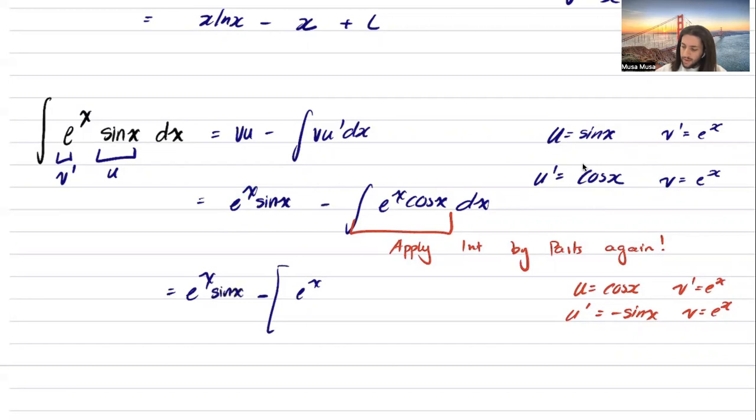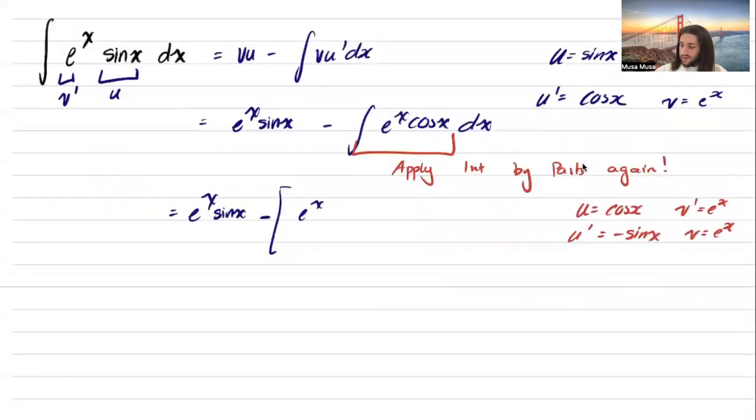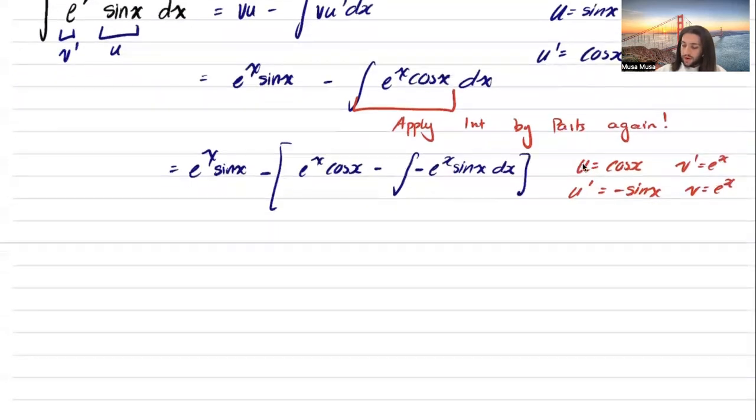My bad. Okay, this makes more sense. So then e to the x, and then you can have a cos x there, and then it's minus the integral of vu dash, which is minus e to the x sine x dx. Perfect. And close bracket on that.